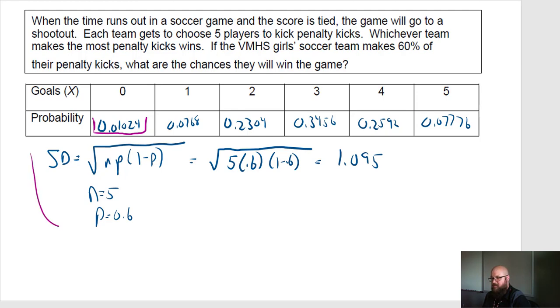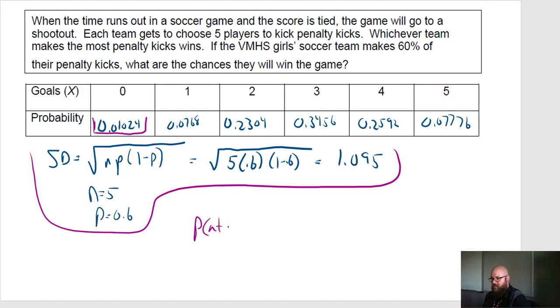It should. So for the probability of at least 1, you simply take 1 minus our probability of none.